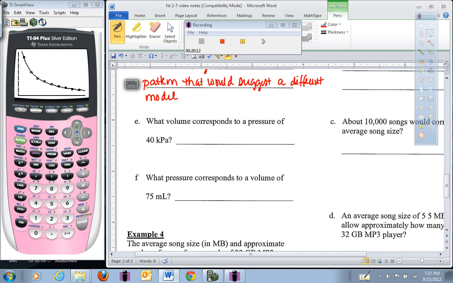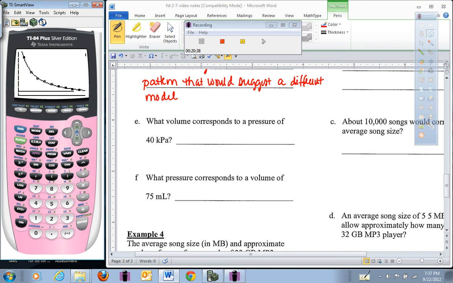Isn't it? Yep, the pressure is a Y value. So we're going to have to go in here and type in a Y value of 40. Now, if we check our window to see if that's going to work, yeah, that'd be okay.